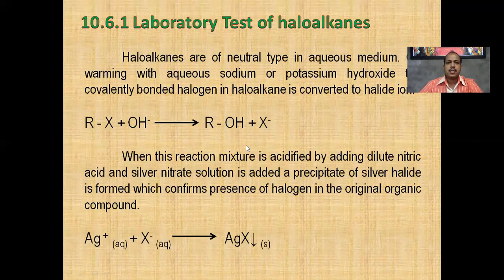When this reaction mixture is acidified by adding dilute nitric acid and silver nitrate solution, precipitate of silver halide is formed, which confirms presence of halogen in original organic compound. Okay, so this test is used generally for confirmation or for detection of halogen. Then we see next.